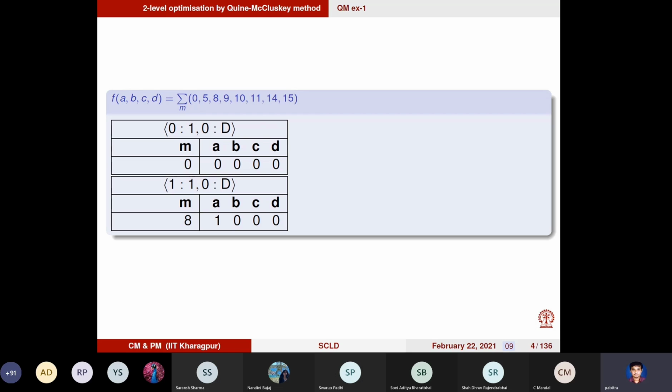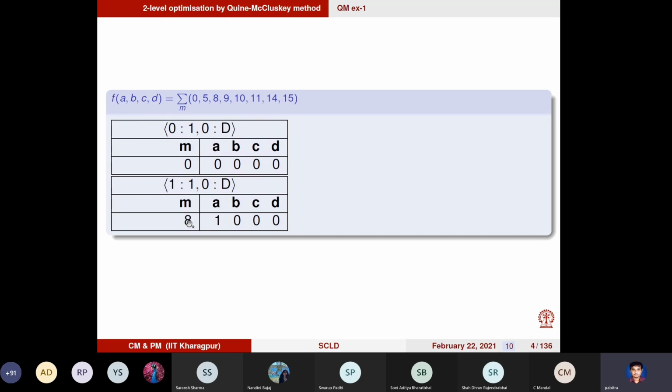So let us see what happens. Let us look at the 0 term. It is an on term, and there is no don't care term. If we look at m equal to 0, what are the values of the variables? It is all 0.